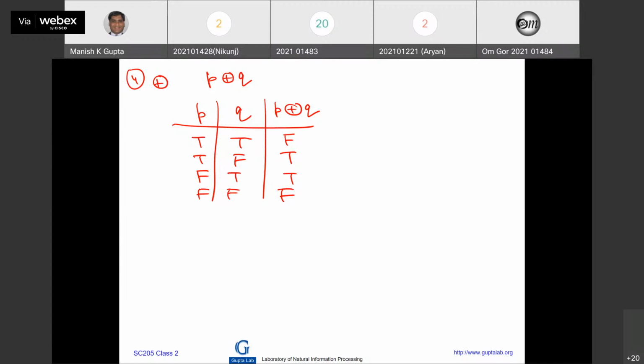So we can now come to what is known as a conditional statement. If P is the proposition, P will imply Q, right?